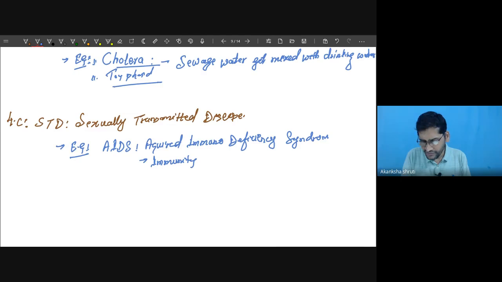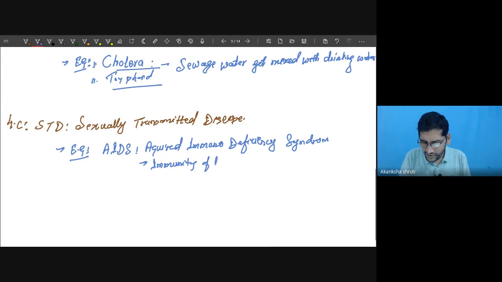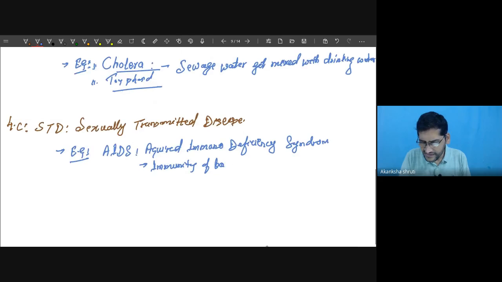Immunity of body is lost. So once the person falls ill, it becomes difficult for that person to get cured because our body has an immune system in our blood, exclusively the WBC, white blood cells, which fight with the germs carrying the disease.